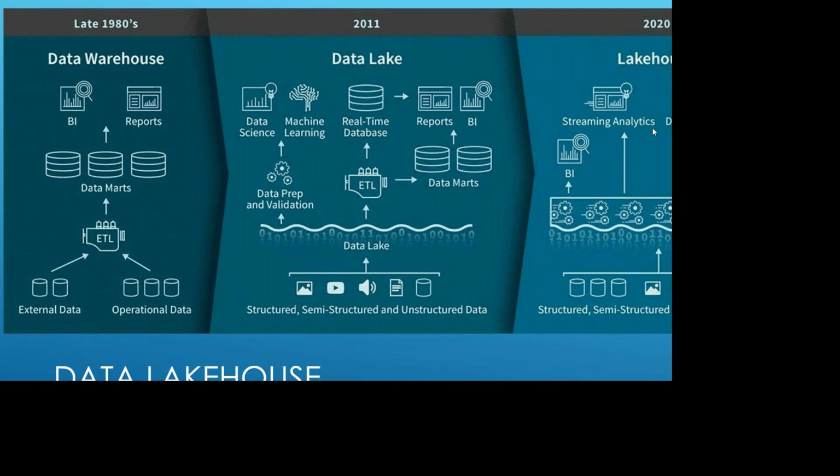But this is used only by big companies, those who are implementing machine learning applications, data science applications, and AI applications like that. That's why we see here that the data may be operational data as well as different kinds of data: structured, semi-structured, and unstructured data.